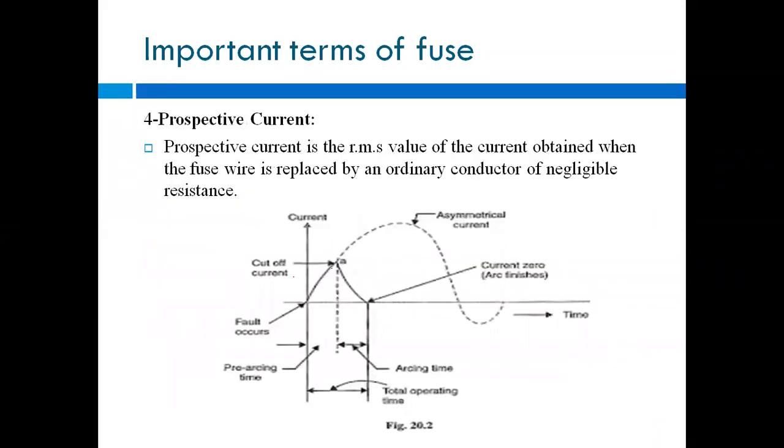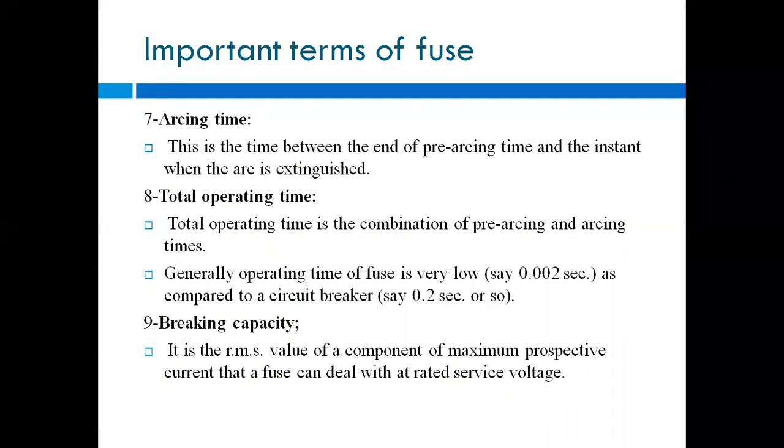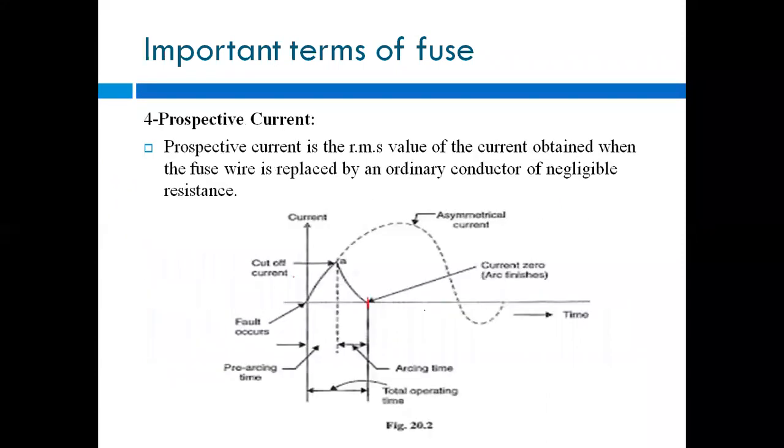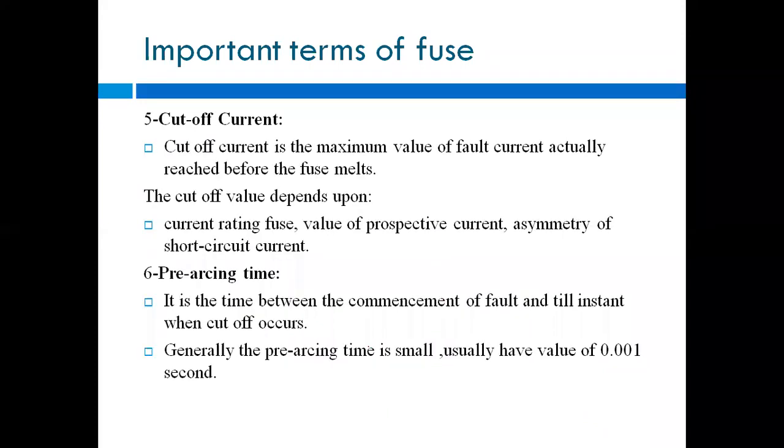So here, from point A to this current zero point, this is the arcing time. Then the next definition is total operating time. Total operating time of that fuse is the addition of the pre-arcing time plus the arcing time.